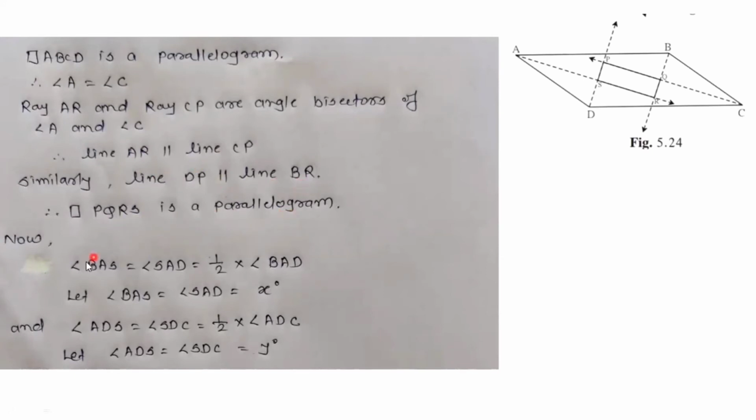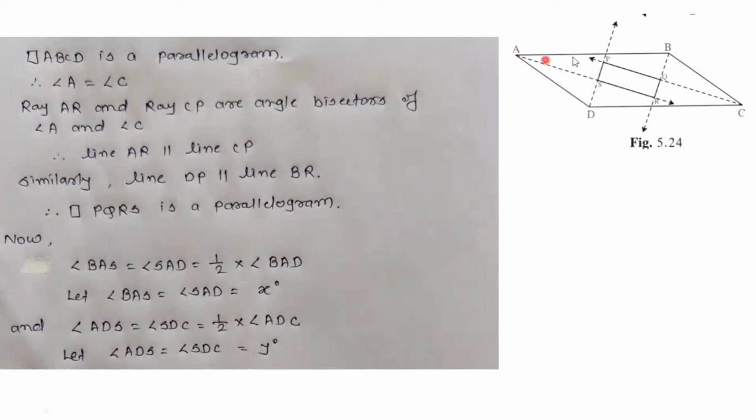Now, in the diagram, we can see angle BAS is equal to angle SAD, which is equal to half of angle BAD, because ray AS is the angle bisector. That's why these two angles are equal and they are half of angle BAD.